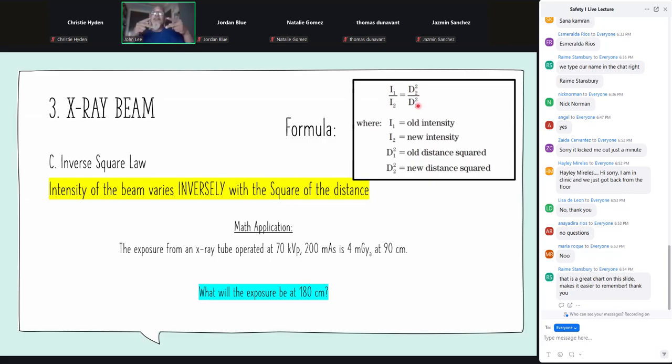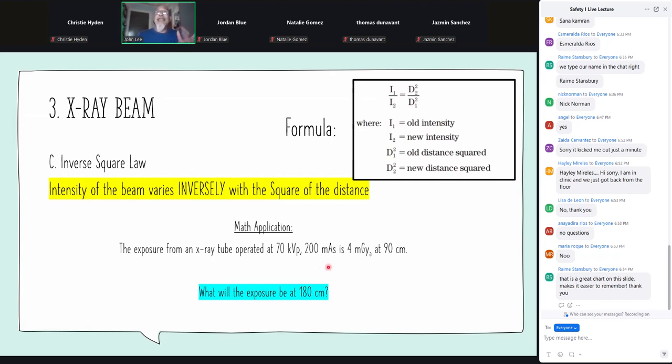Just make sure that your subscripts, the ones and the twos for the inverse square law, are on the opposite side when you cross the equal. Okay, it doesn't matter how you set it up, as long as 1 crosses with 1 and 2 crosses with 2, you'll be fine in your calculation. I always set mine I sub 2 because that's typically the one we're solving for, and I like my X to be on top. I don't want my X to be on the bottom, which is what it would be here.